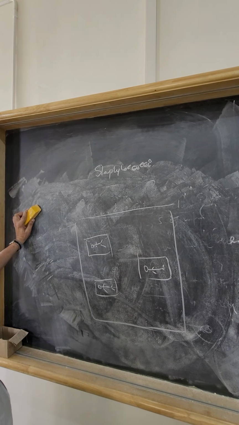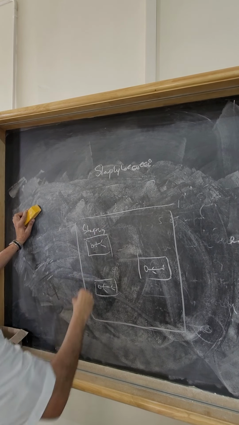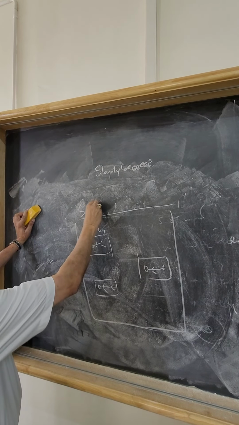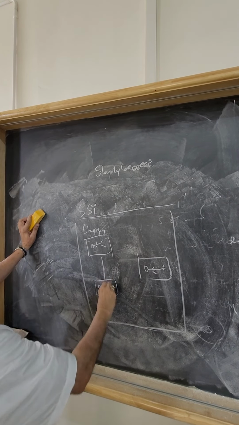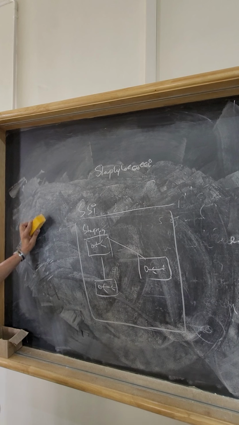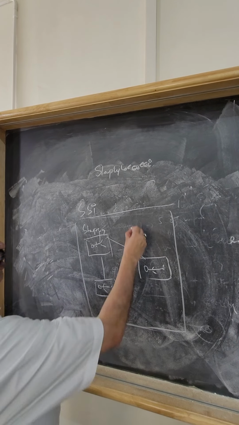All of them are infected with staph, surgical site infection. Whatever may be the operation, all of them are infected with staph. So we want to know who is the source for these patients getting infected.